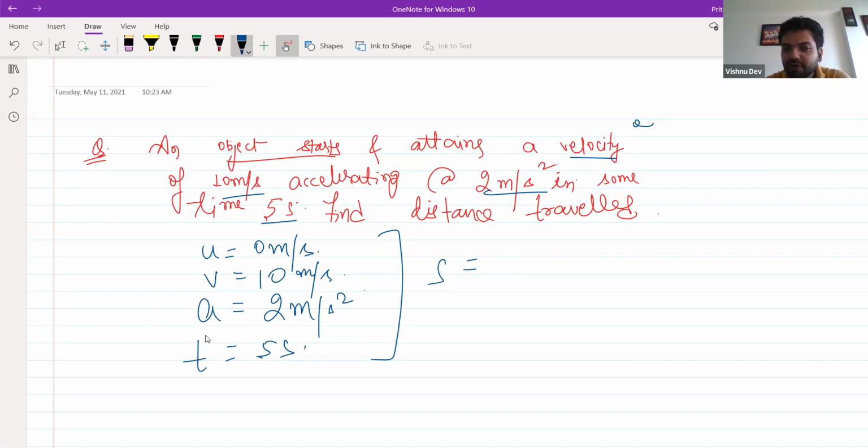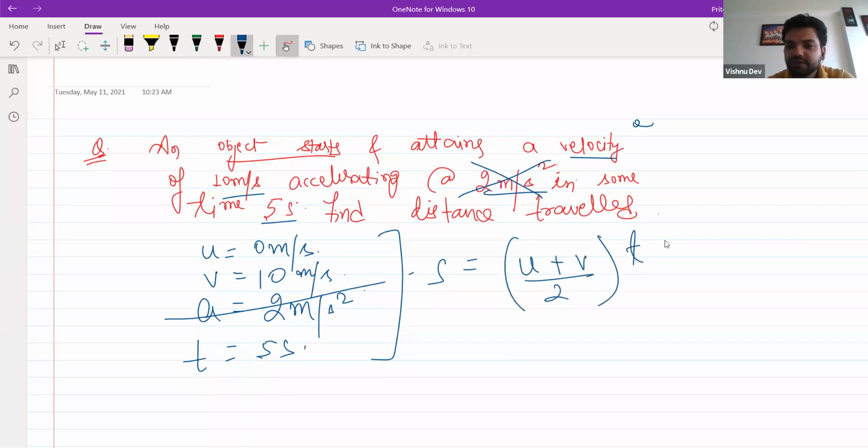Even if I had not given you the acceleration, you would have easily found it using this equation. So I can use the new equation, (u plus v) by 2 into t. Putting the values, (0 plus 10) by 2 into 5, we get 25 meters.